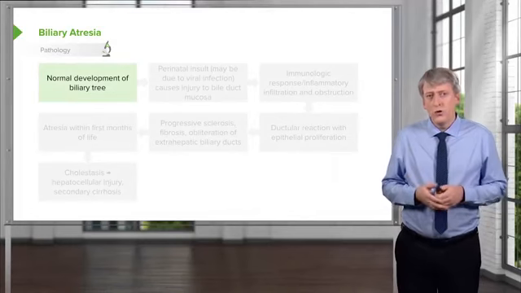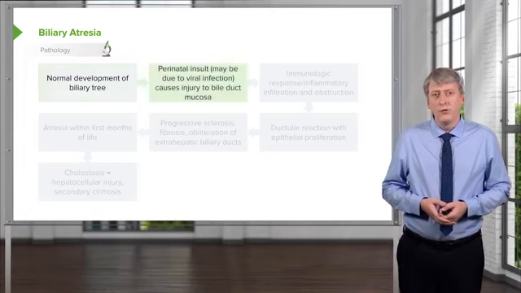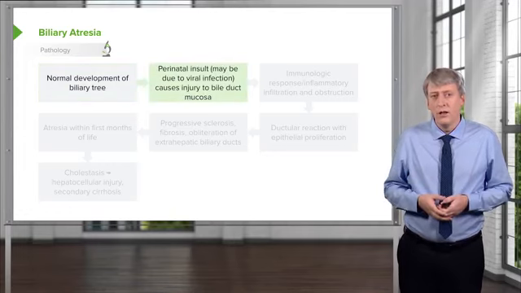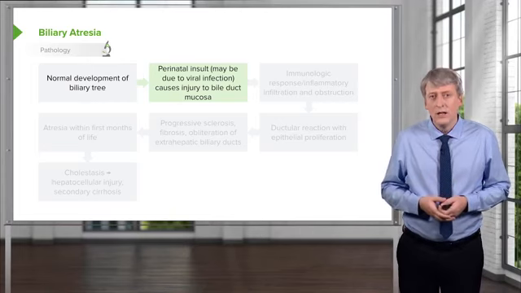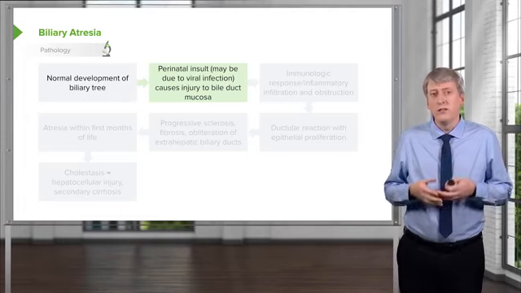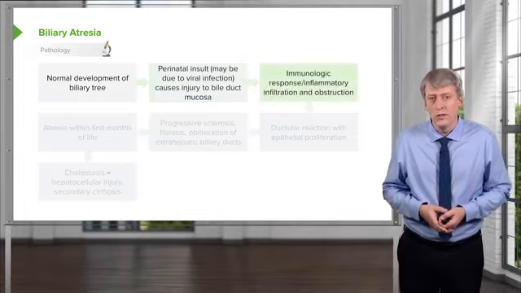So let's go through how this proceeds. Normal development of a biliary tree, and then a patient may have an insult, generally perinatally, such as a viral infection or some problem that causes the bile duct to be inflamed, some sort of injury to the mucosa.